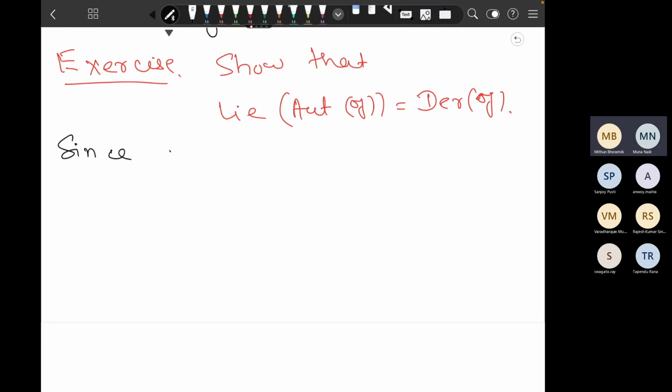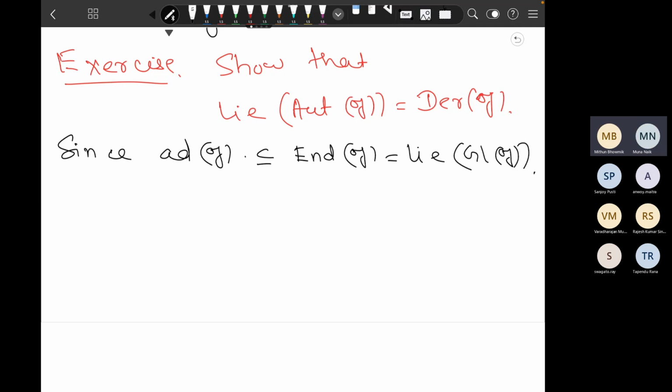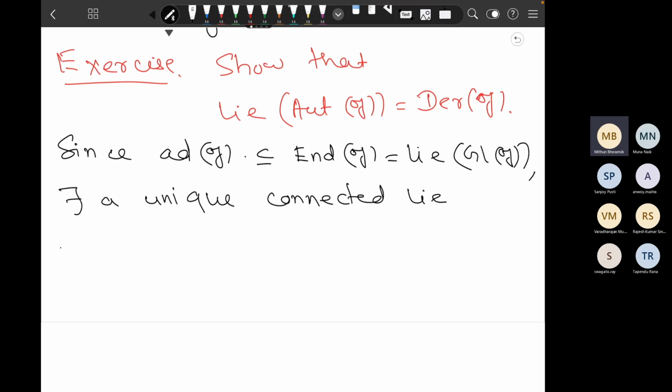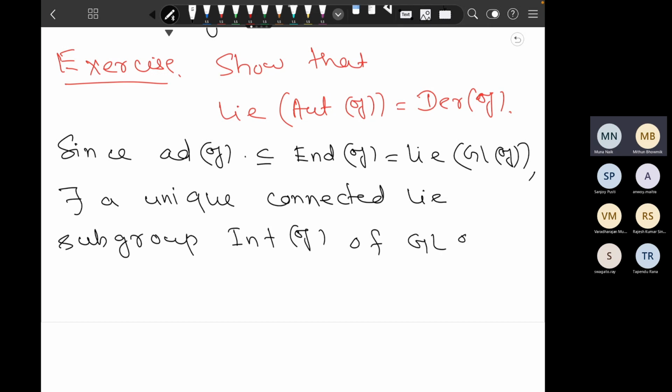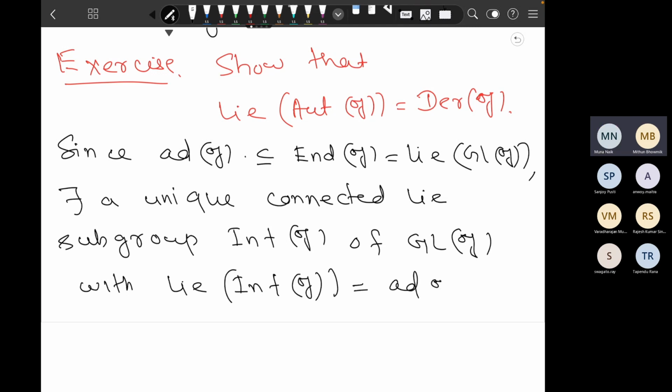Since this ad g is a subset of End g, and this is actually the Lie algebra of GL(g), this implies there exists a unique connected Lie subgroup Int g of GL(g) with the Lie algebra of Int g equal to really ad g.